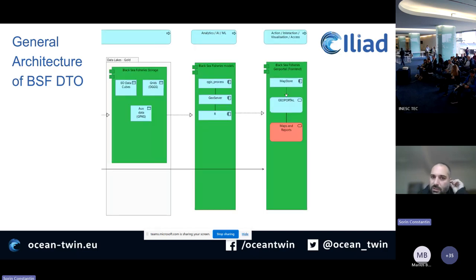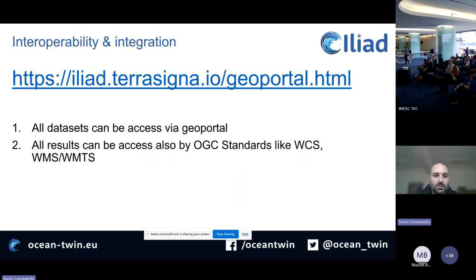I will not go into details, but mostly we are using GeoServer and R for the species distribution modeling, and MapStore to visualize the final results. Finally, everything is provided in terms of maps and geospatial layers that can also be accessed through OGC standards like WCS, WMS, and WMTS. And this is the link to our pilot case.